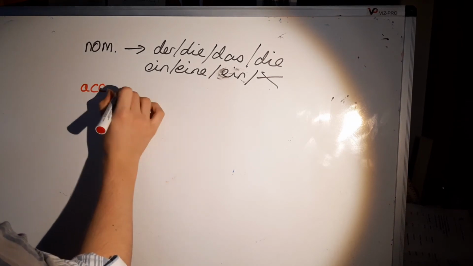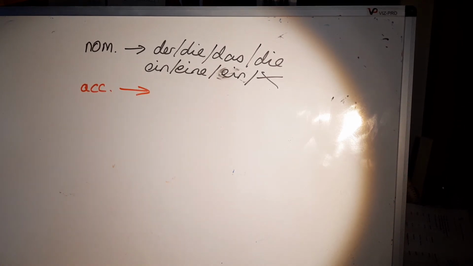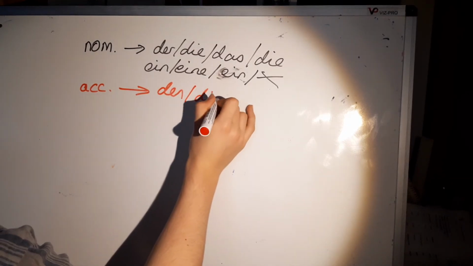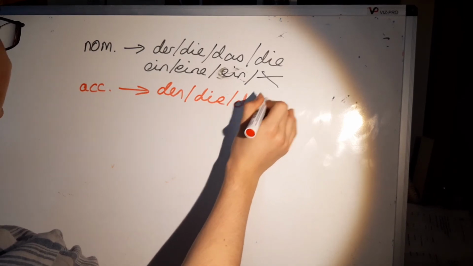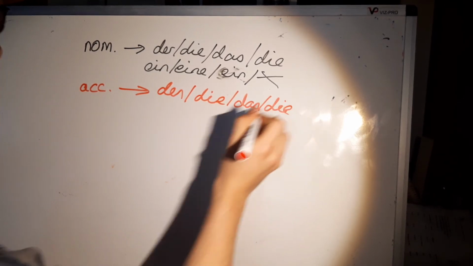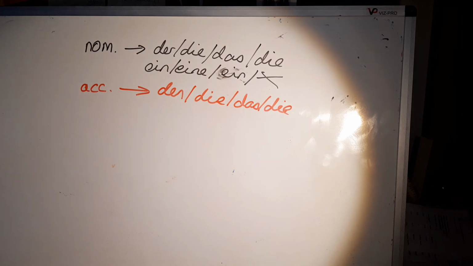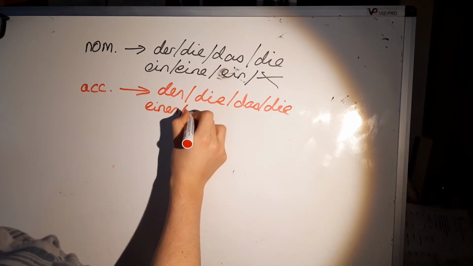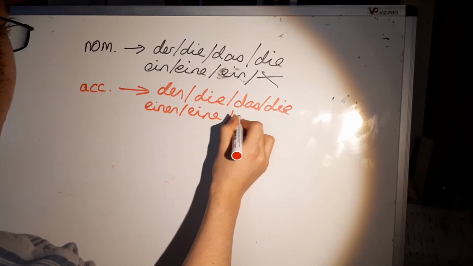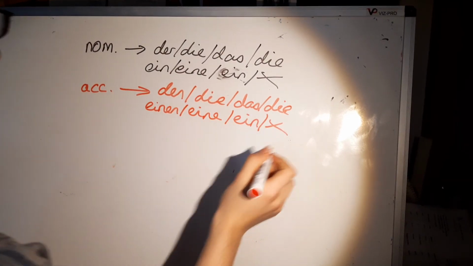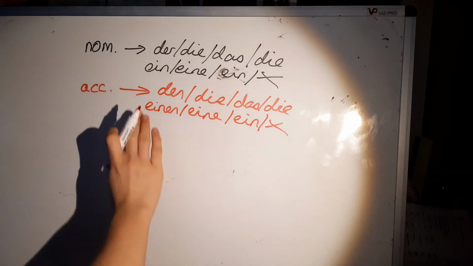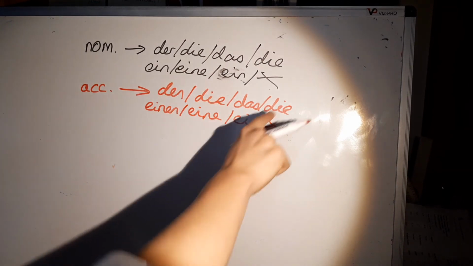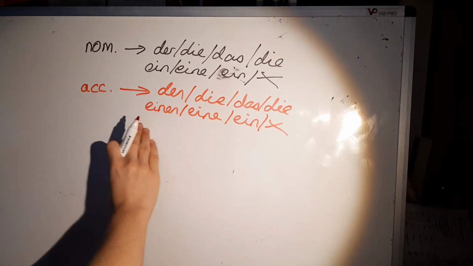So let's go on to the accusative, the object of some sentences. Den, die, das, and die. Den, die, das, die. And einen, eine, ein. Ein, den, einen, die, eine, das, ein. And then die, and then that's for plural.